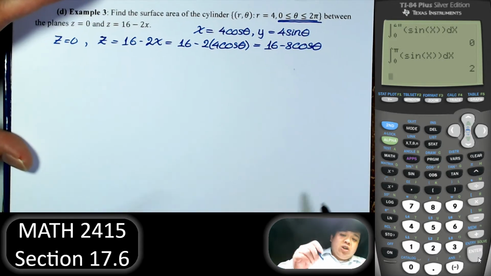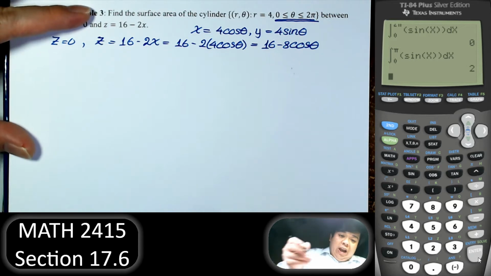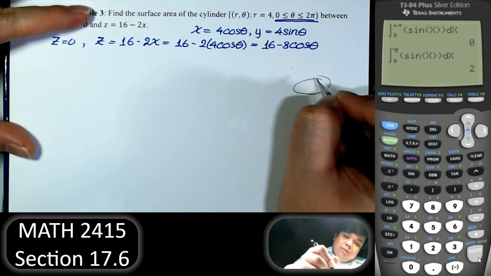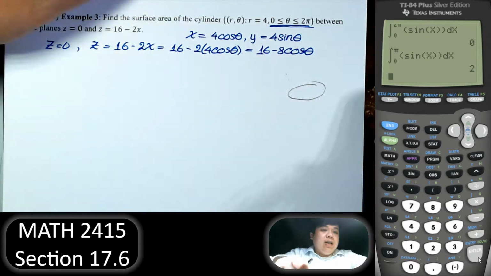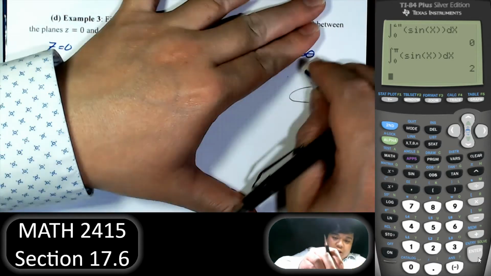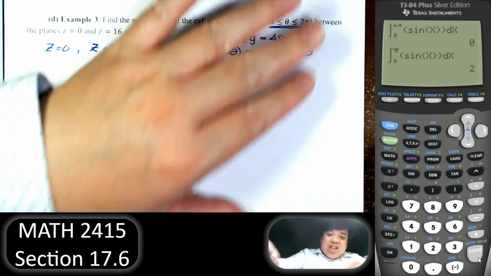If we have to sketch, I will sketch. We have a cylinder. Let me try to be a little more precise, a little less sloppy.